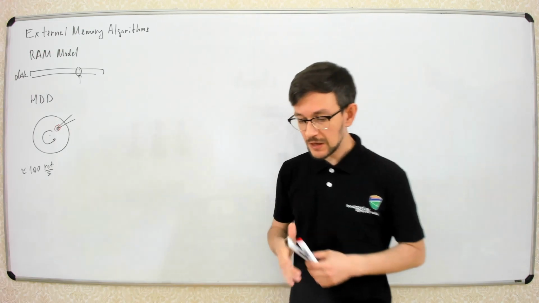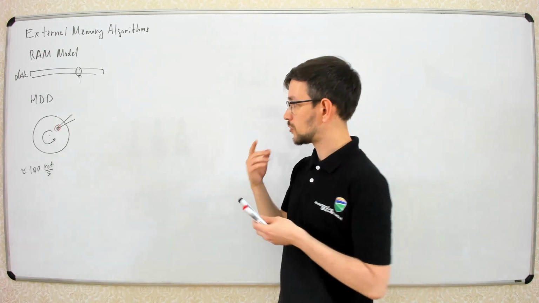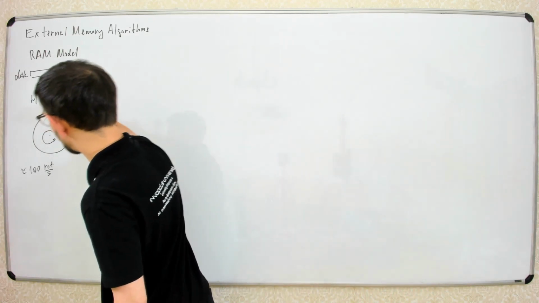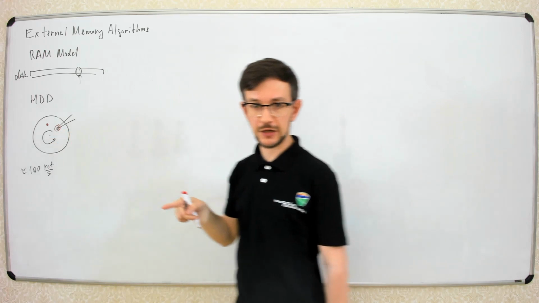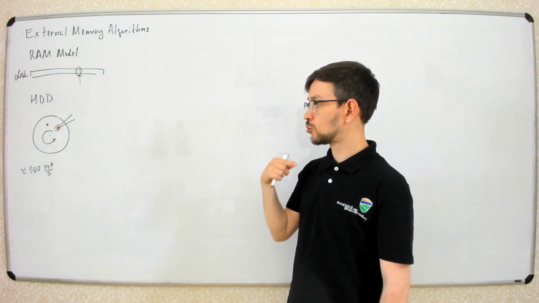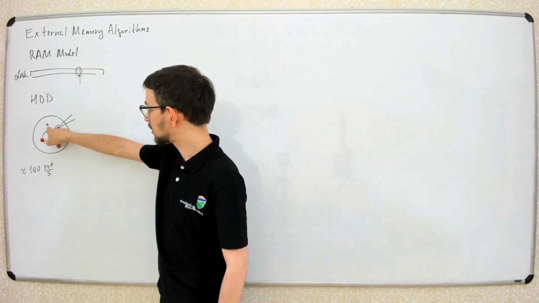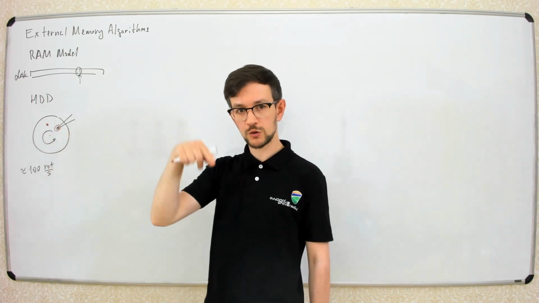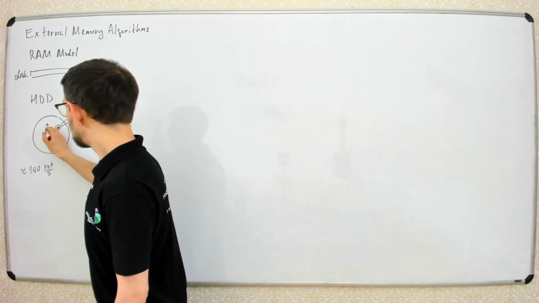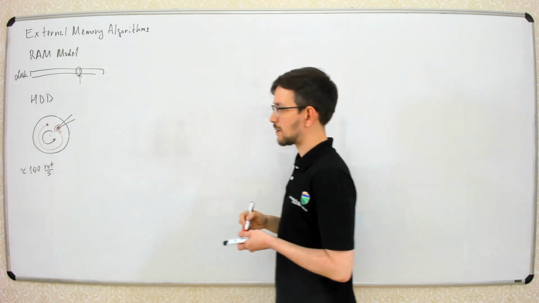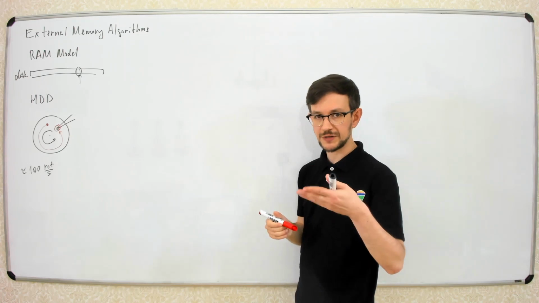So if you want to access some data on your hard disk, what's happening? Imagine your data is somewhere here, and you want to access it. What you need to do is wait until this point moves to your head. This point is moving here, and at some point you will be able to read this data.